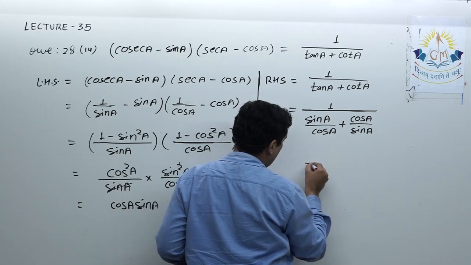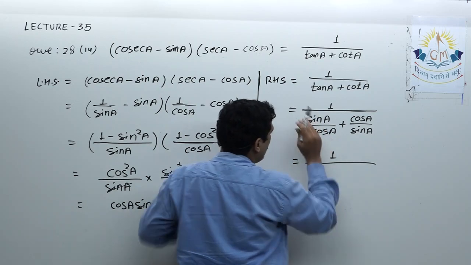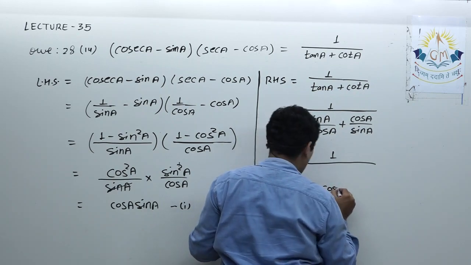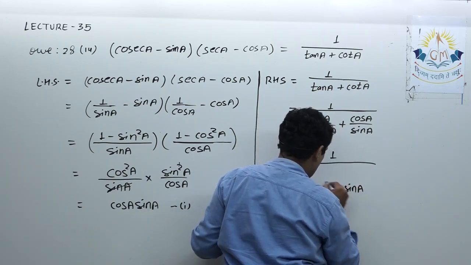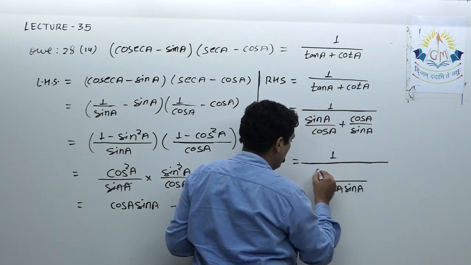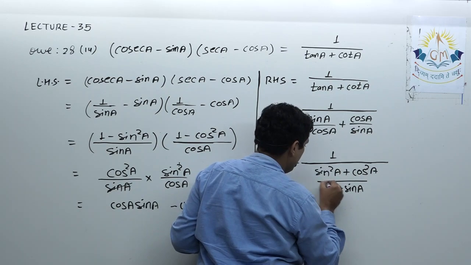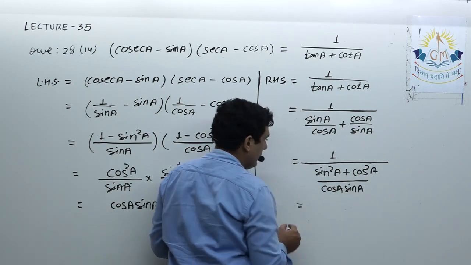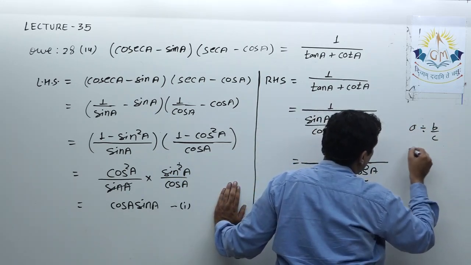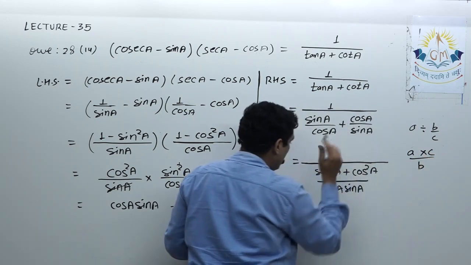Now if I take the LCM in the denominator, the numerator remains 1 only. The LCM of cos A and sin A is cos A sin A, and the numerator after taking LCM will be sine square A plus cos square A. Now we know that if we have A divided by B upon C, I can write A into C upon B. That means I can take this cos A sin A in the numerator.